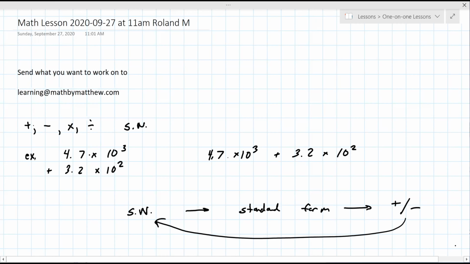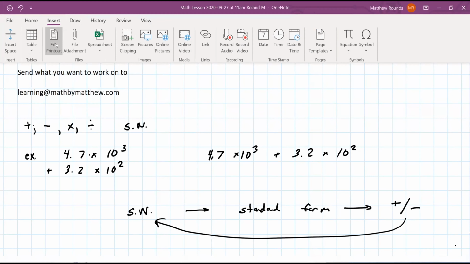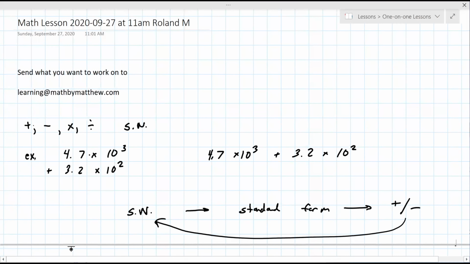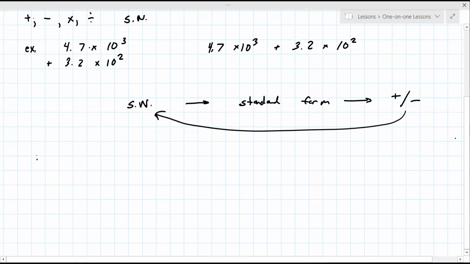So for example, in this problem I'm showing you here, what is 4.7 times 10 to the third in standard form? 4,700. Right. And how about 3.2 times 10 squared? 320.